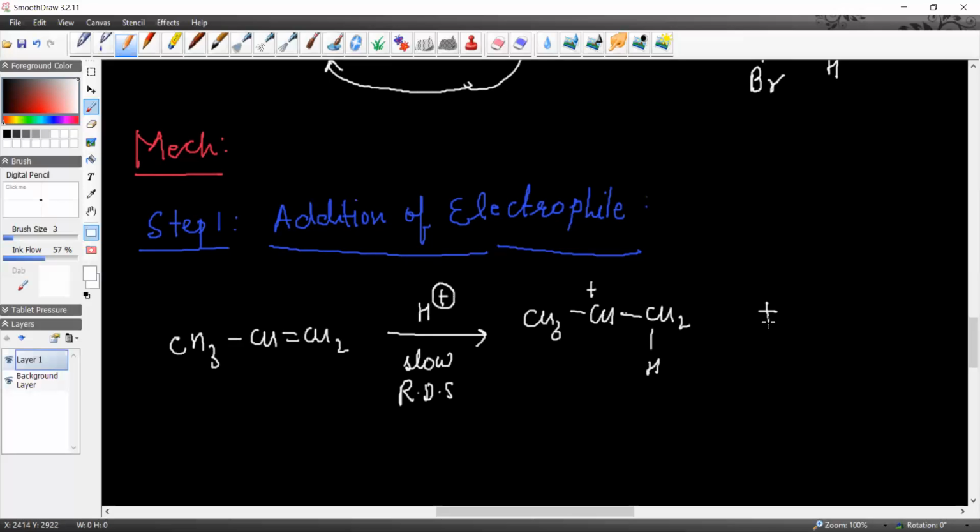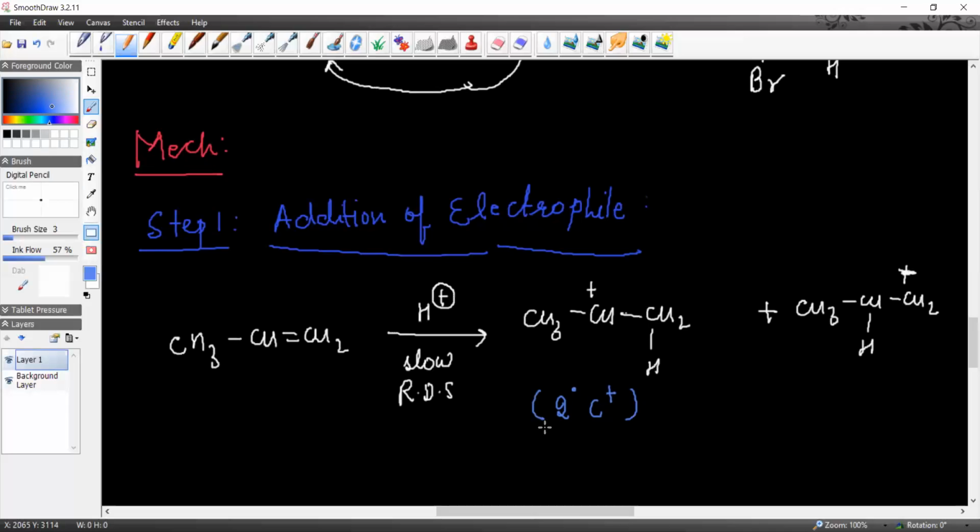If we add the electrophile on the second carbon atom, then we get CH3-CH-CH2 with hydrogen, and the positive charge is present on the first carbon atom. So what do we learn from here? This is a 2-degree carbocation.